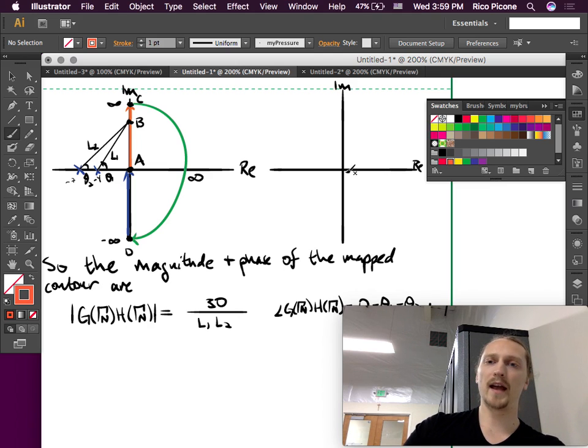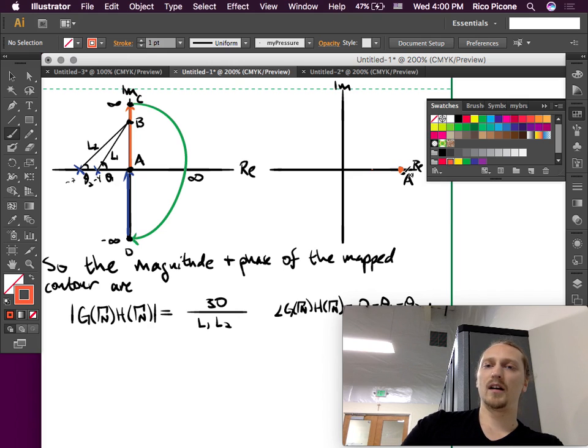It's going to be at angle 0 and magnitude of about 1. Looking ahead, I'm going to move this out a little bit because I know where this is going, and I want it scaled reasonably. I'm going to call this point A prime, the mapped A point.